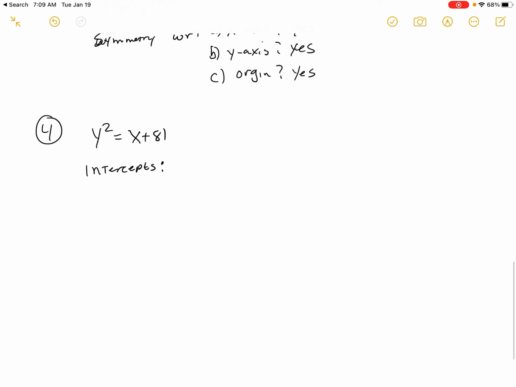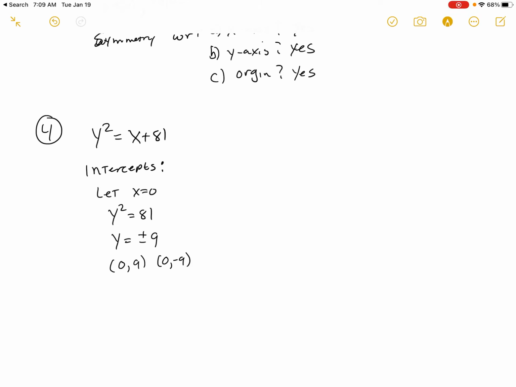In order to find the y-intercepts, we're going to let x be equal to 0. If we let x be equal to 0, you get y squared is equal to 81, and so y is equal to not just 9, plus or minus 9. So there's two intercepts, 0, 9, and 0, -9.